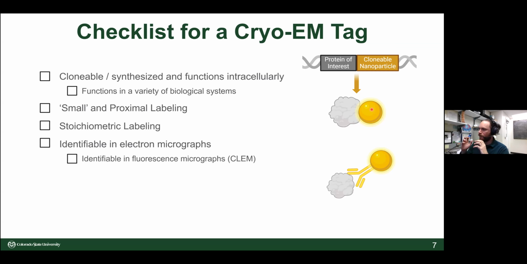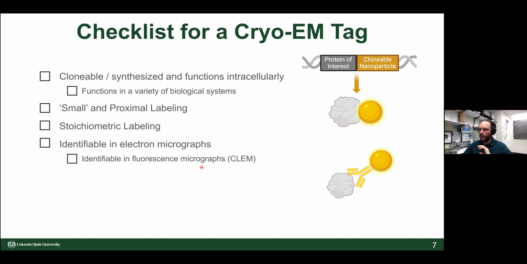We don't want a background in the cell from our clonable tag. These should be identifiable in electron micrographs. And a bonus point: identifiable in fluorescence micrographs, to facilitate something like correlative light electron microscopy.